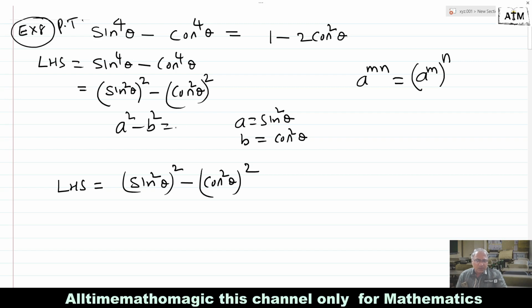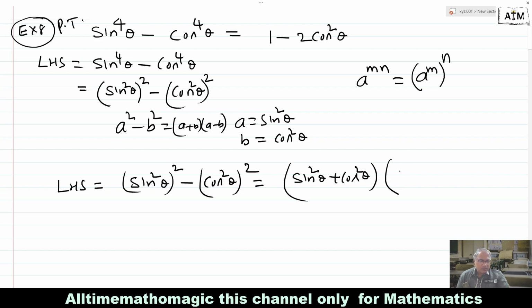A square minus b square is nothing but a plus b into a minus b. Therefore it equals a plus b, that is sin square theta plus cos square theta, and a minus b, that is sin square theta minus cos square theta.